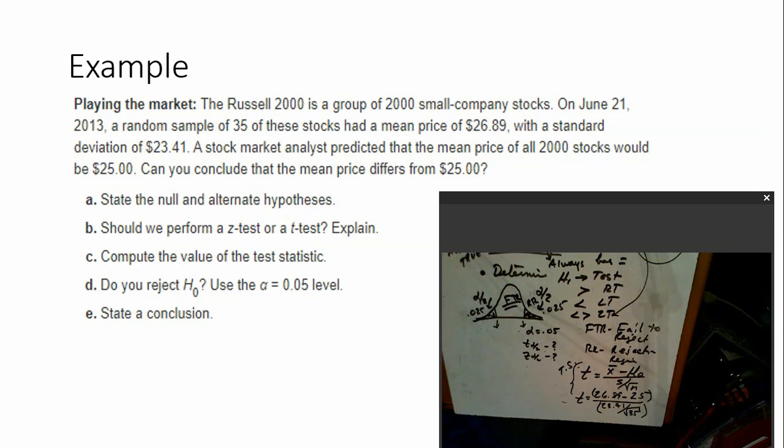So let me run these numbers real quick for you. 26.89 minus 25, divided by 23.41 divided by the square root of 35, and we get 0.4776.